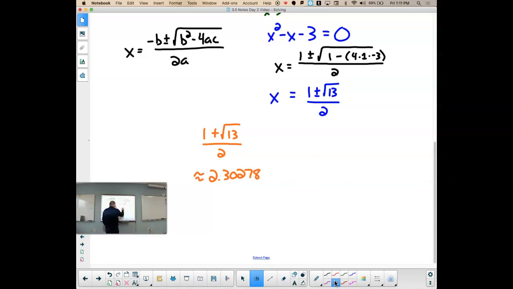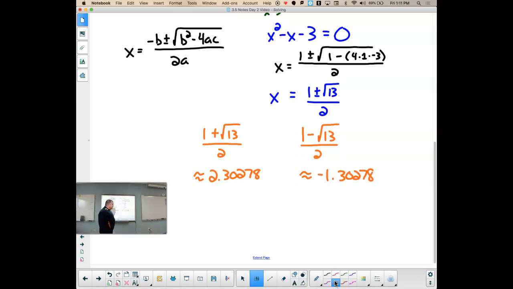I also get 1 minus the square root of 13 all over 2, which is approximately -1.30278.